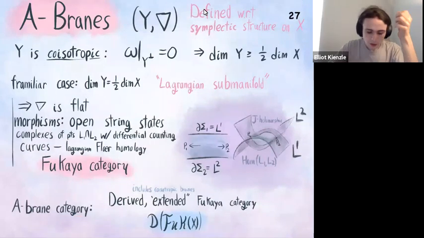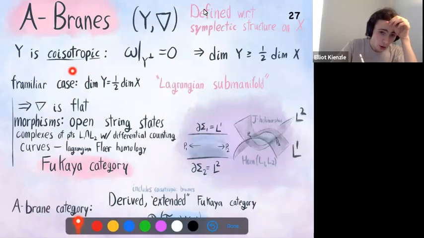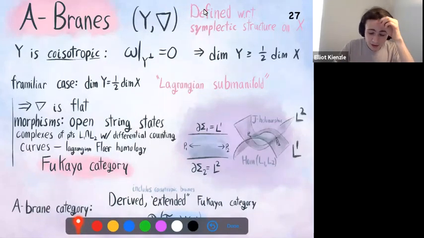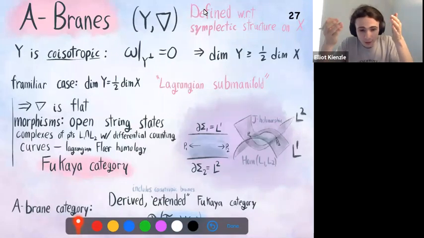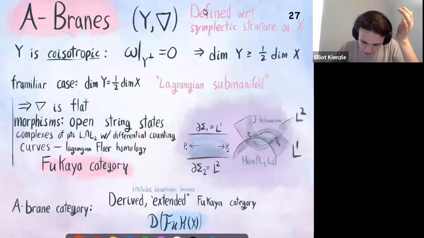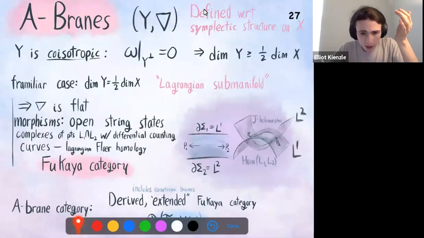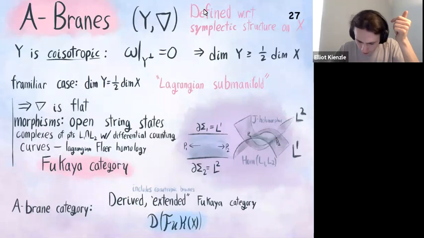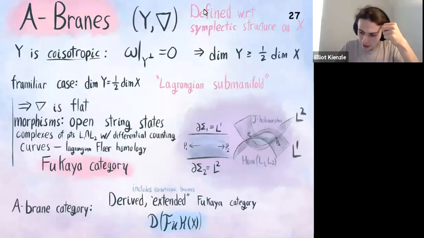But we also need to include basically all of these coisotropic things. And the conditions about which coisotropic things to include, and what you need for it to have mirror symmetry, is actually a really subtle problem. And I put extended in quotes here because there's some ambiguity in the literature, I'm pretty sure, about how to define the Fukaya category.